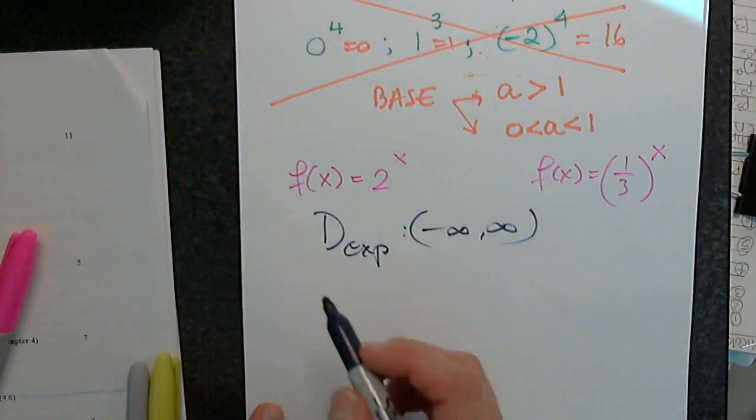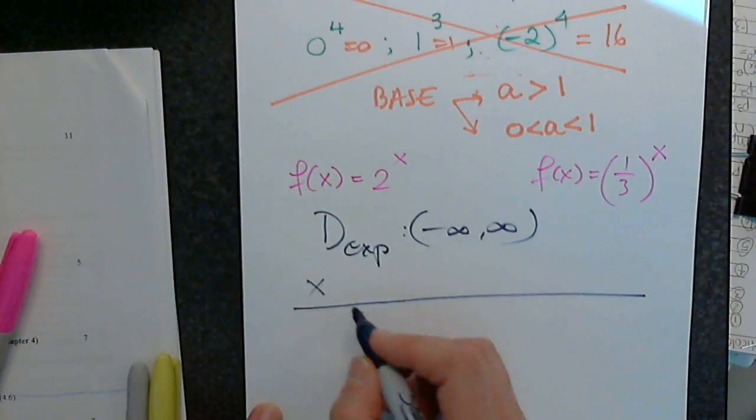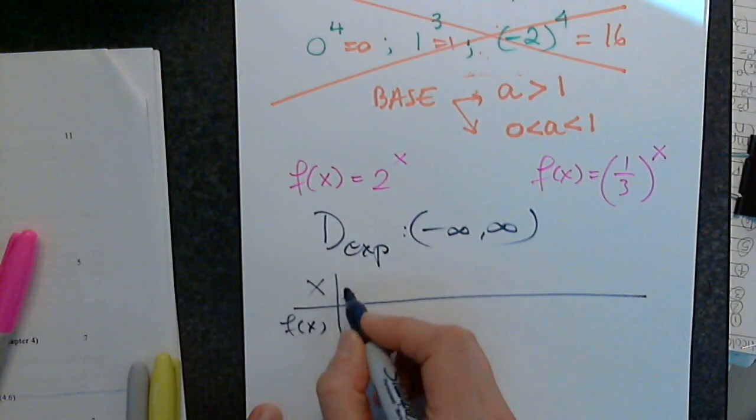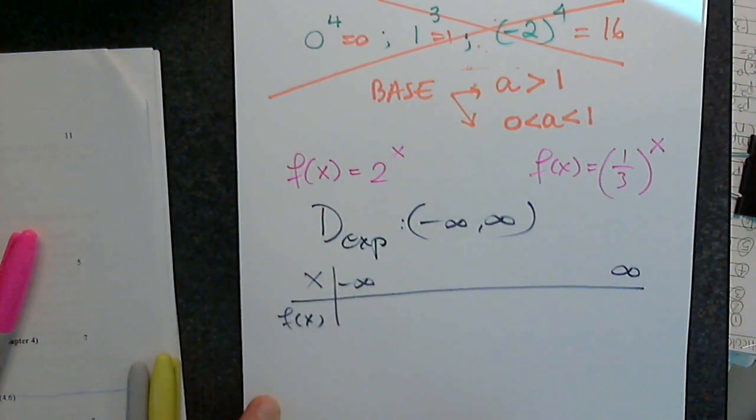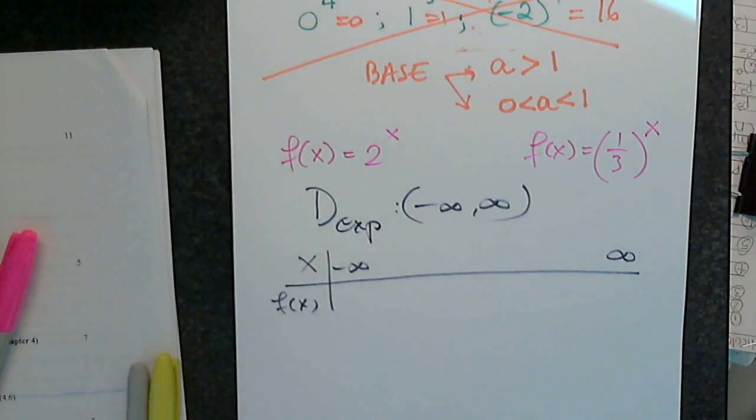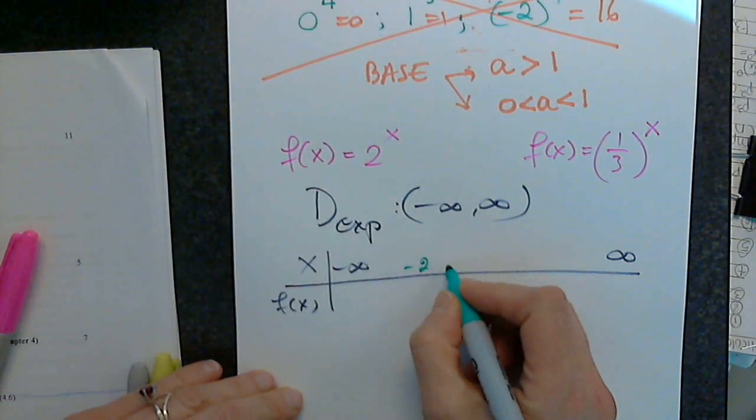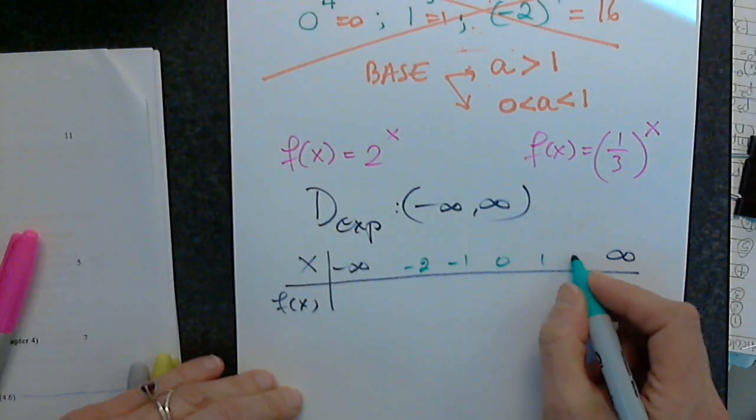Good. So then when I start my chart, I will write -∞ to infinity for any exponential function, like I do for any polynomial. I will pick some x values. Well, let's say -2, -1, 0, 1, and 2.